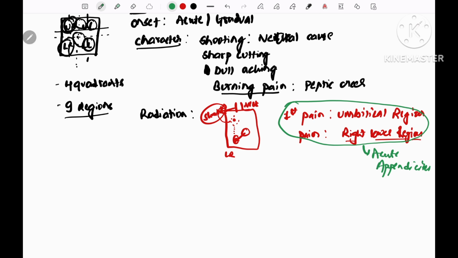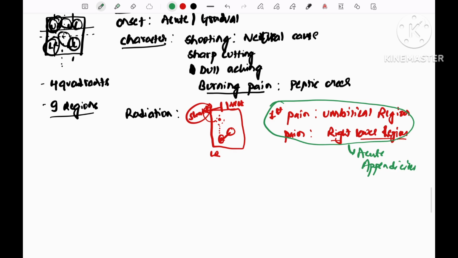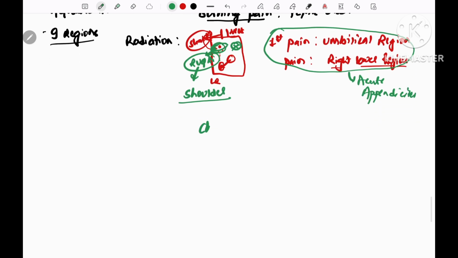And if the pain is in the right upper quadrant region and this pain has been transferred to the shoulder, then there can be a chance of some pathology in the right upper quadrant region. If the pain is present in the chest, we also have to mention whether it is right or left.